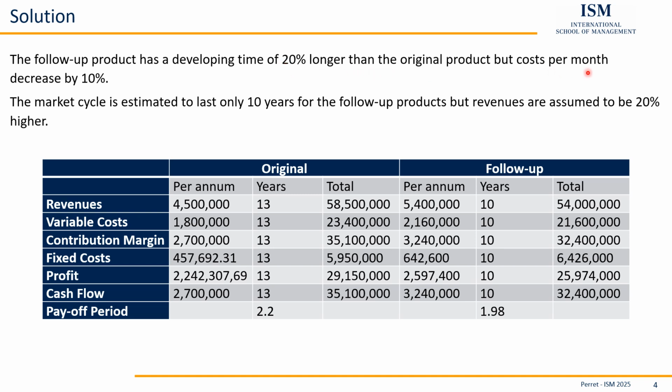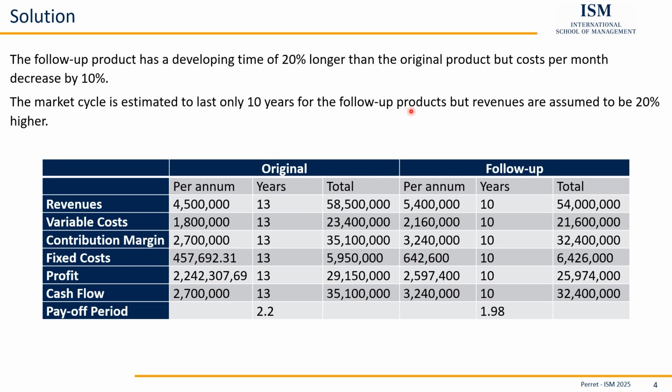But cost per month decreased by 10%, so we also multiply it with 0.9. So I have to multiply this with the two multipliers, 1.2 and 0.9, giving me the new fixed cost, the new costs of development for the whole period. Dividing them by the 10-year estimated market cycle gives me the per annum value of the fixed costs.